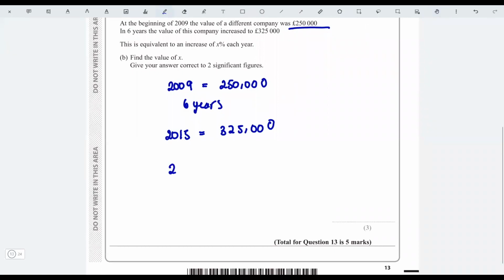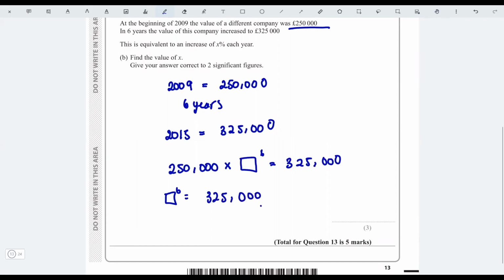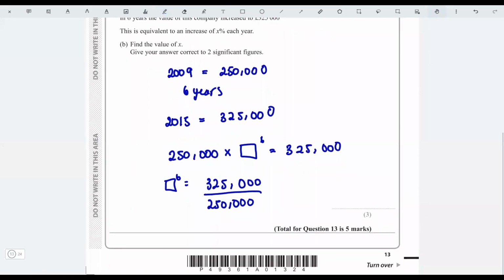So obviously, if I'm doing compound interest, I will do 250,000 times something to the power of 6, because it's 6 years, gives me £325,000. To work out the something, I'm just going to divide the numbers first. We've got a calculator, nice and easy.